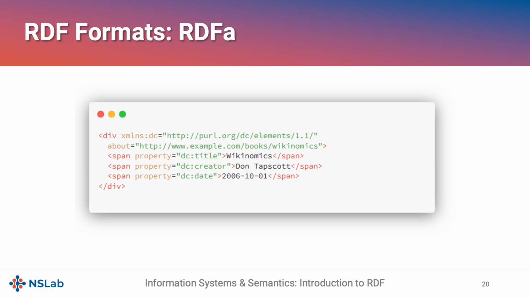In the div, we have the definition that this is about some example book. So this is a subject, and then we have the three properties: title, creator, and date, and each of those has some literal value inside the span. So actually this HTML fragment contains three semantic triples, so some small graph.